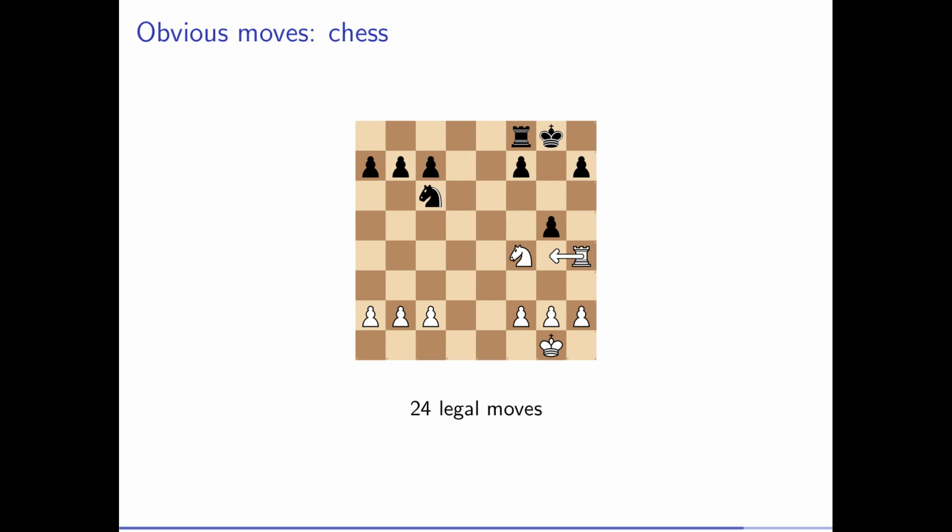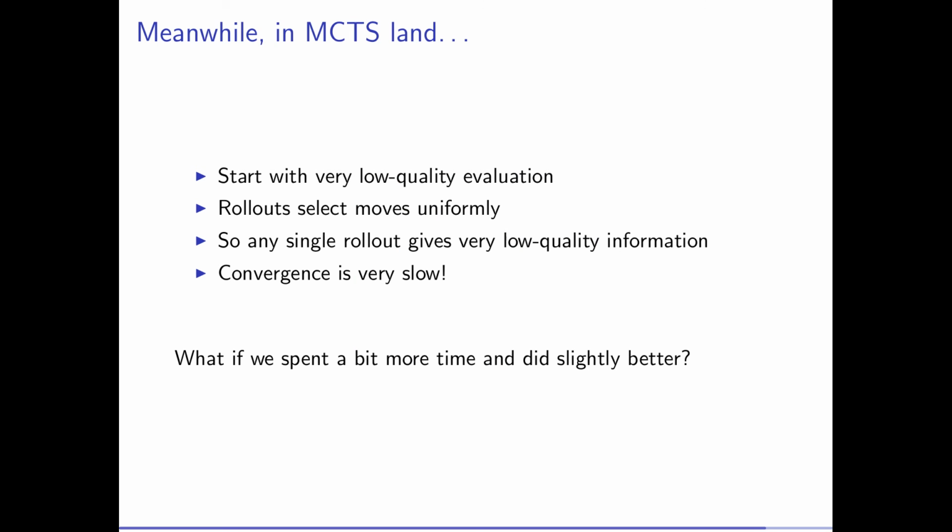And Monte Carlo tree search doesn't have a really good answer for either of these things. In Monte Carlo tree search land, when we first visit a position in a game, we start with a really low quality evaluation. We just play a random selection of moves all the way to the end of the game, and just assume that whatever outcome we saw there is the actual outcome of that position.